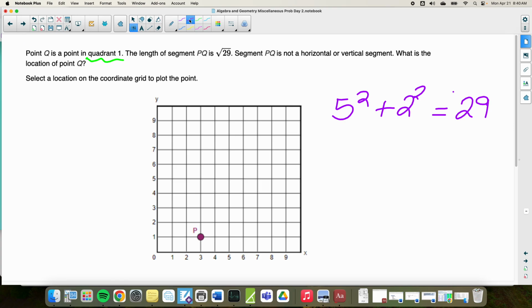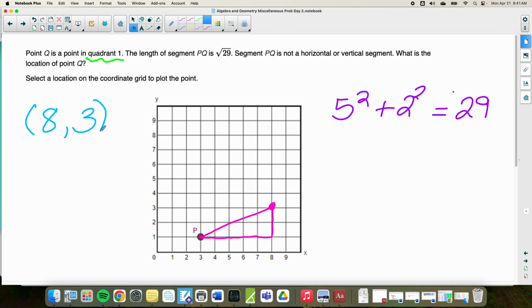So let's look at it. You could go here, and you could go over 1, 2, 3, 4, 5, up 2, and that would be your new point right here. I'm still in the first quadrant, so one of my points there could be, what is that? Over 8, up 1, 2, 3, that's 8, 3, okay?